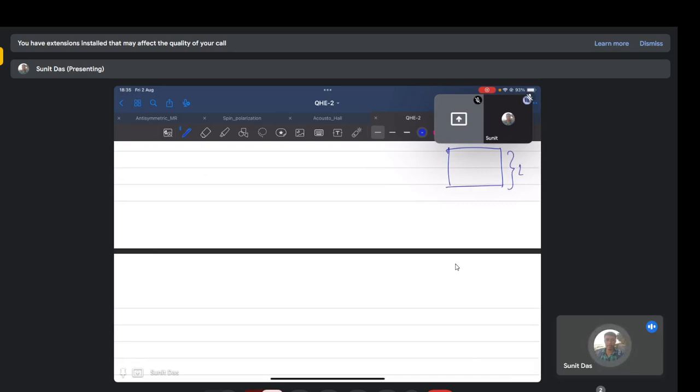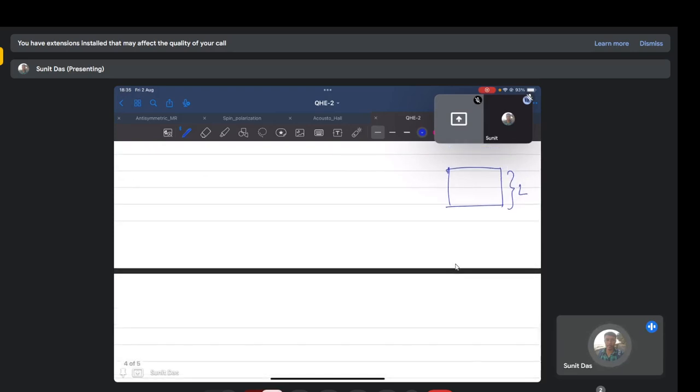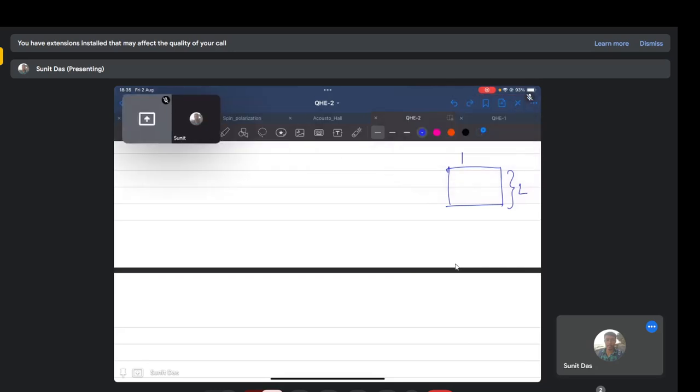In the y direction the length is L, and we drop a voltage, so Vy in the y direction. So this is Vy in the y direction, and then we measure the resulting current in the x direction, let's say.